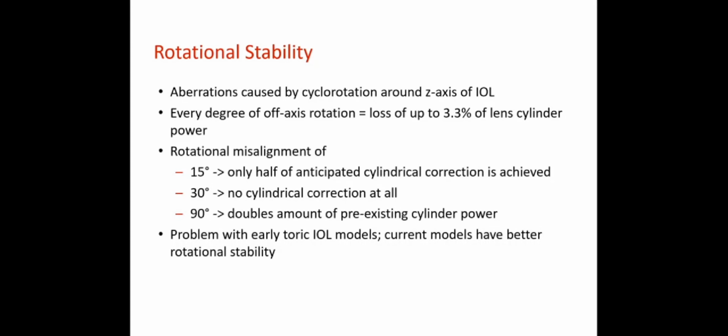You want to think about whether they can bring it down below 0.75. If you have the total cornea astigmatism, it will be easier to get that idea about whether they need to correct it or not.